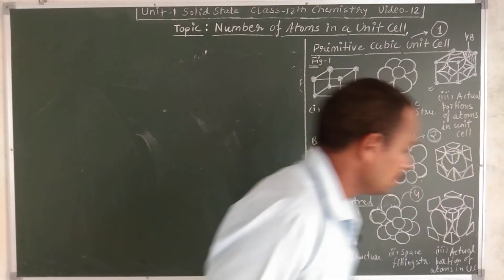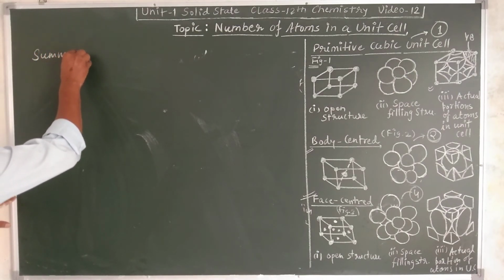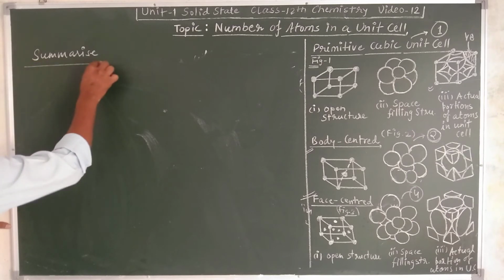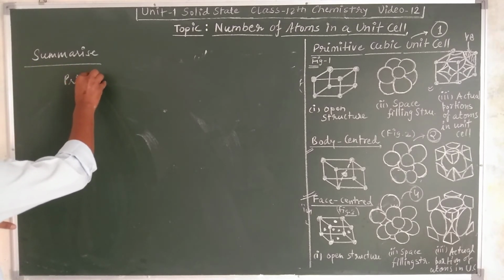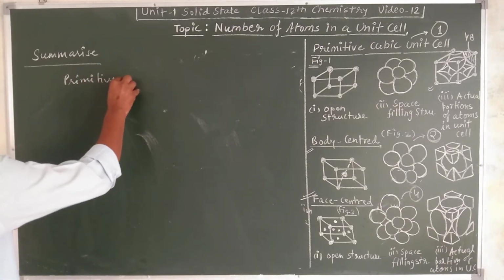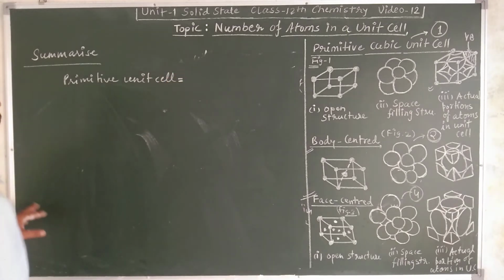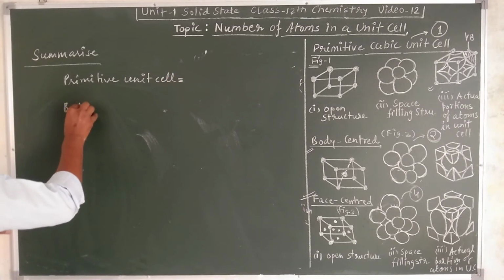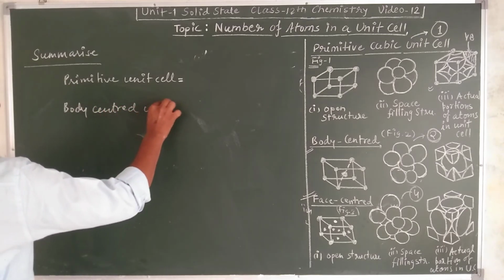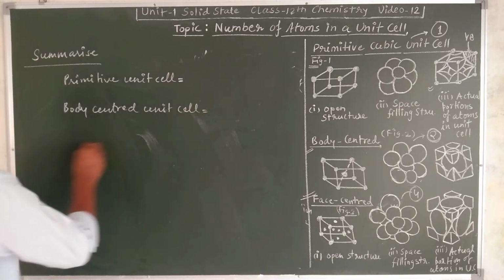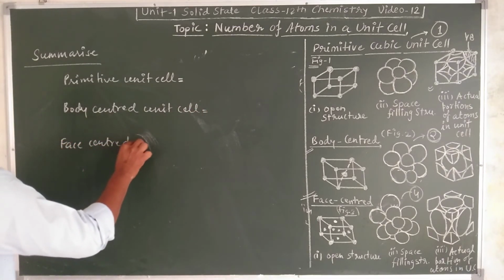So let's summarize: primitive unit cell, body centered unit cell, and third one is face centered unit cell.